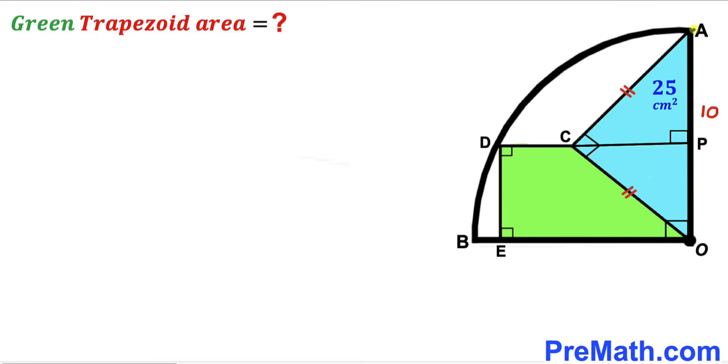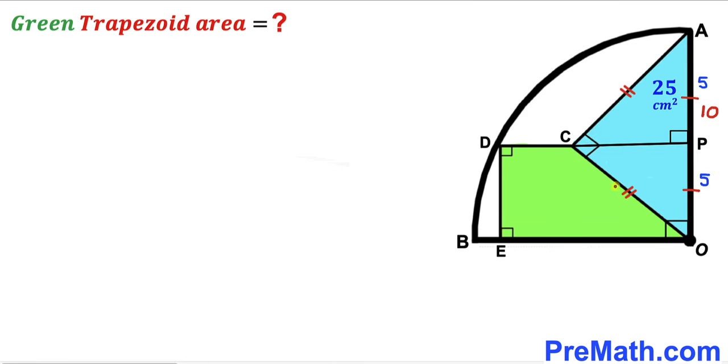Therefore, we conclude that this segment AP is going to be equal to this segment OP. Since the radius is 10, this AP length is going to be half of that, 5. And this side is going to be 5 centimeter as well.